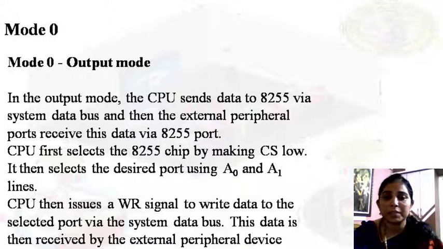The CPU first selects the 8255 chip by making CS low. Then it selects the desired port using A0 and A1 lines. The CPU then issues a write signal to write data into the selected port via the system data bus. This data is then received by the external peripheral device.